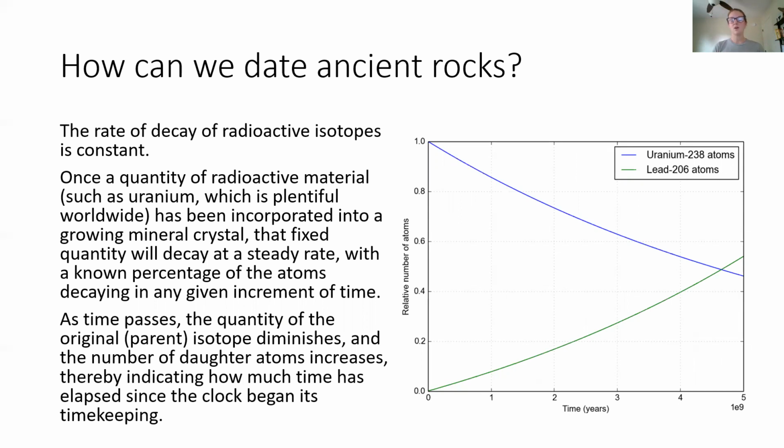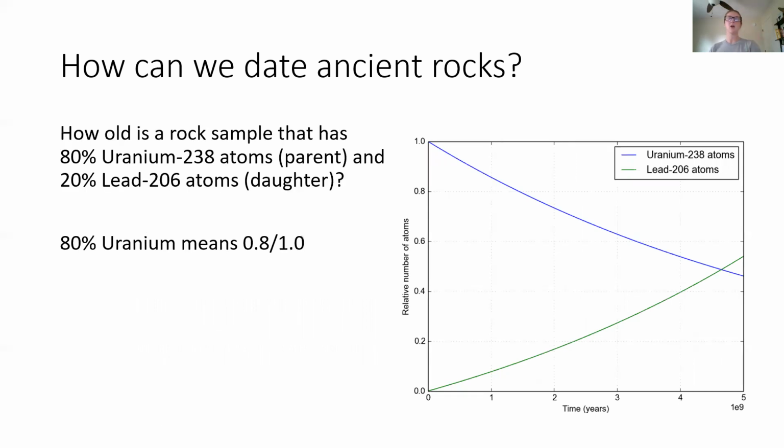So that if we know the percentage of parent or daughter that exists today, we can figure out how old that material is. So for example, I want you to use this plot of uranium and lead to figure out how old a sample would be if it has 80% uranium, 80% parent, and 20% lead, 20% daughter.